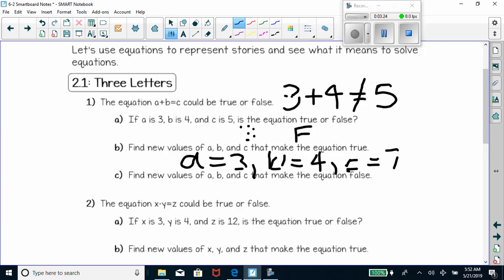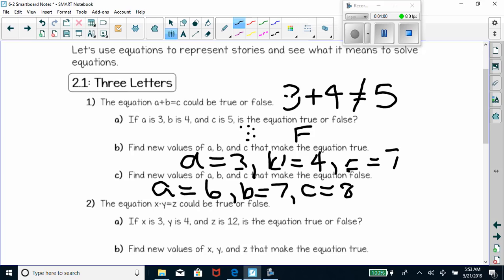Part C asks us to find new values of A, B, and C that make the equation false. And again, in this case, you could probably randomly choose any 3 values for A, B, and C, and the likelihood is that they're going to make the equation false. So let's let A equal 6, and B equal 7, and C equal 8.